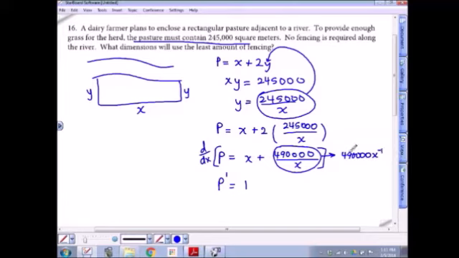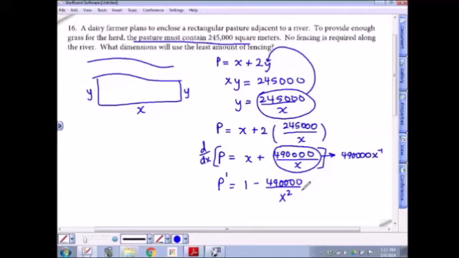So when you take the derivative, remember the negative 1 will drop down, making that a negative 490,000. And it would decrease the exponent by 1, so it would now be a negative 2. So you're going to get negative 490,000 all over x squared. So there's the derivative of the perimeter.